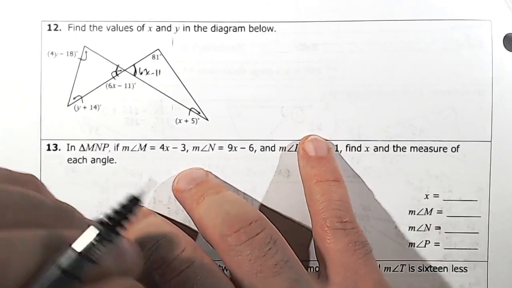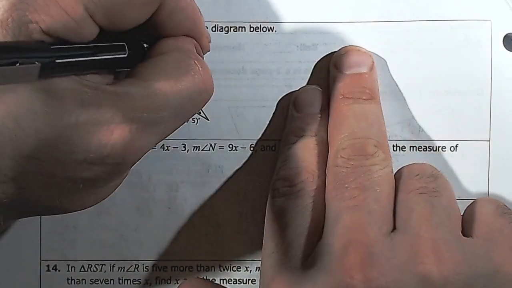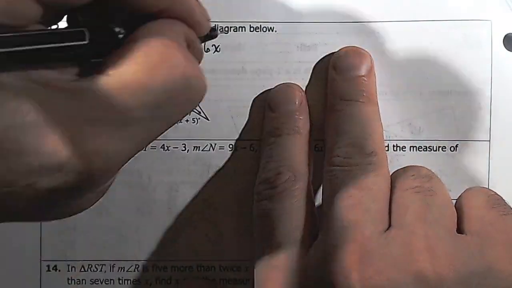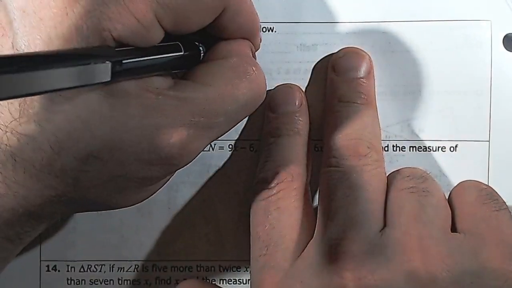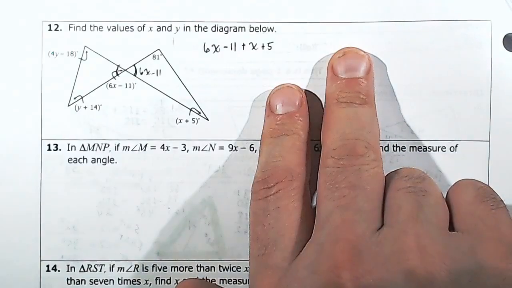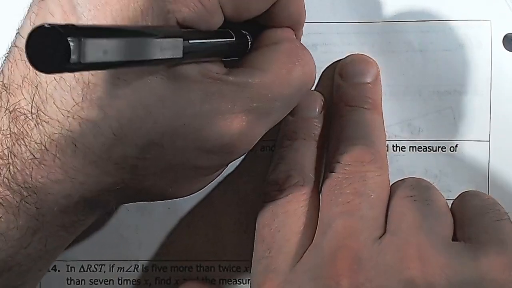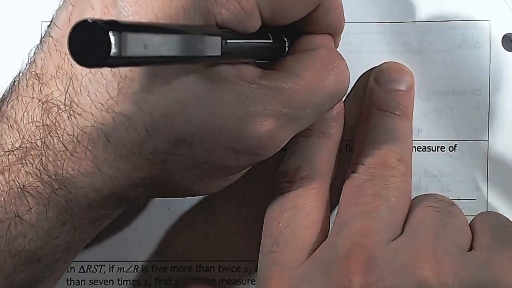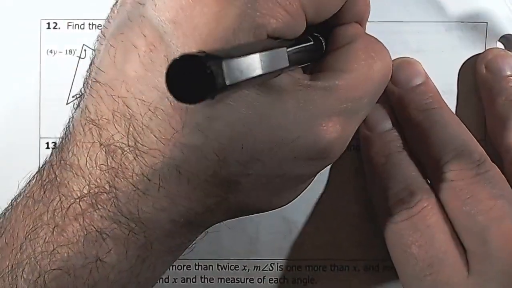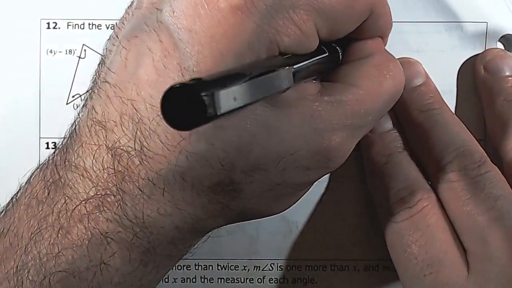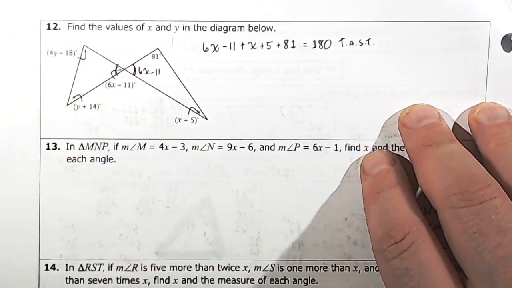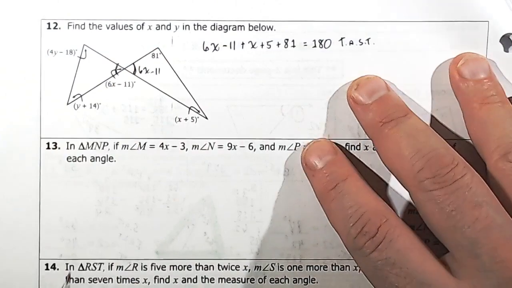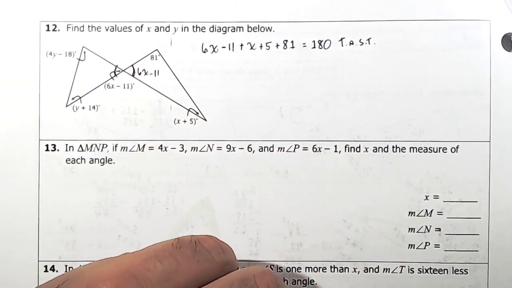What does that mean? Well, it means that 6x minus 11 plus x plus 5 plus 81 have to add up to be 180. That's by the triangle angle sum theorem. All the interior angles of a triangle have to add up to 180. So let's combine like terms on the left.